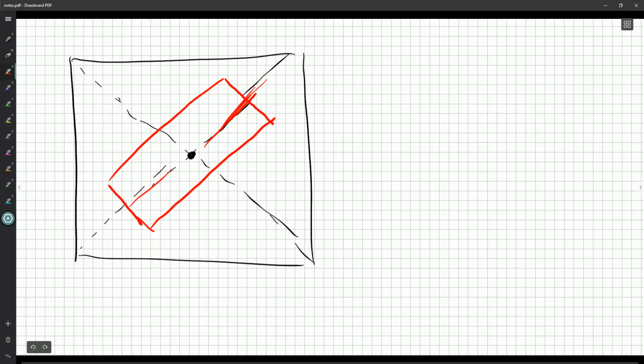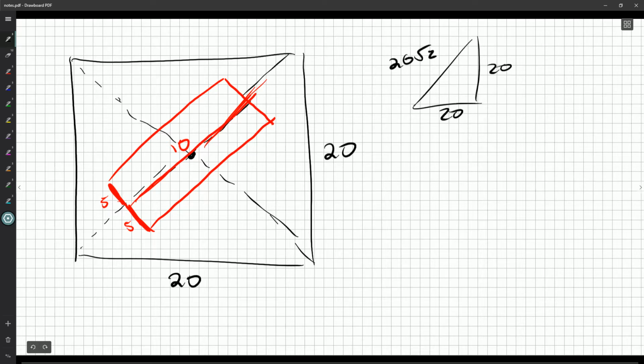So what can we say here? Well, I know that the length of the cylinder is 10. I also know the diameter is 10, and so if I imagine these sort of radii, here I got 5 on either side. I don't know how helpful that'll be. But we also can figure out the full diagonal is, using a little Pythagoras, 20 root 2.